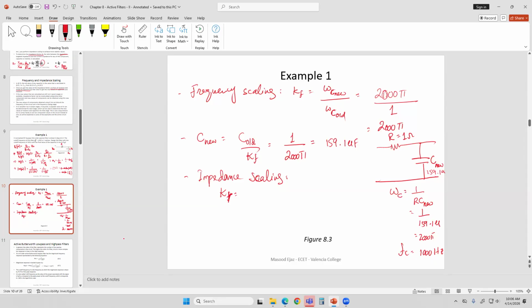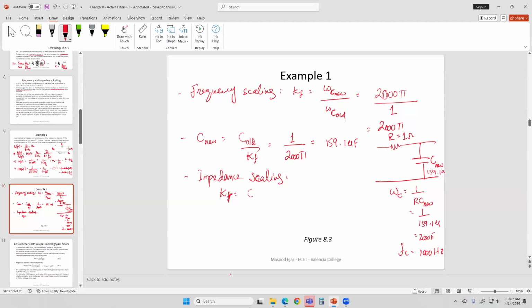Since we know the new value of the capacitor, we're going to use that new value in order to calculate the impedance scaling factor. Now once again, that is X new over X old, or R new over R old. And X new over X old means C old over C new.